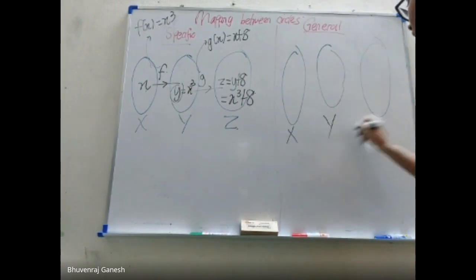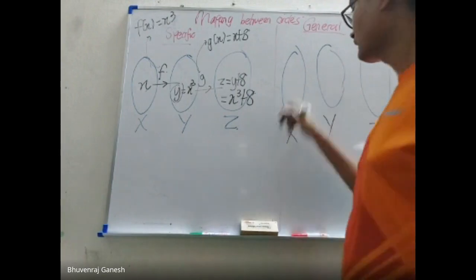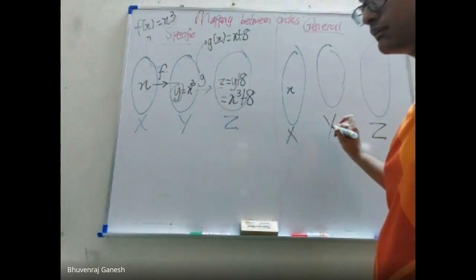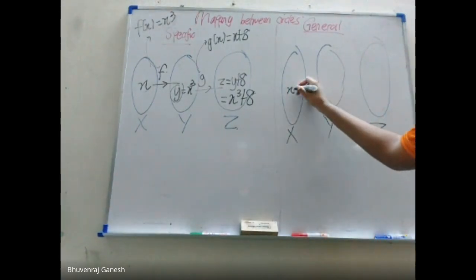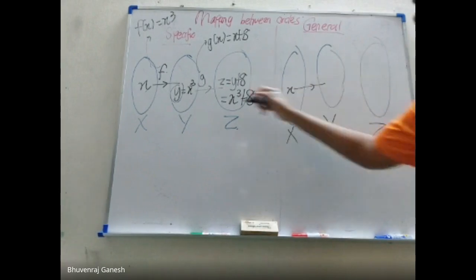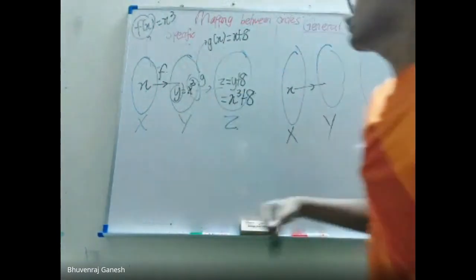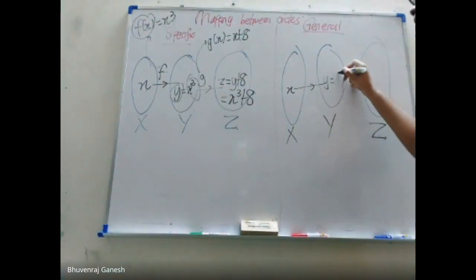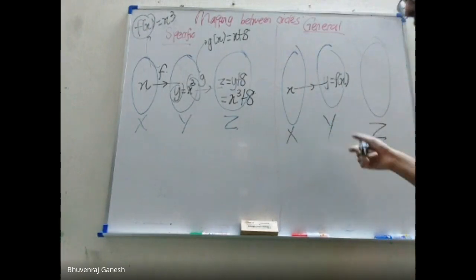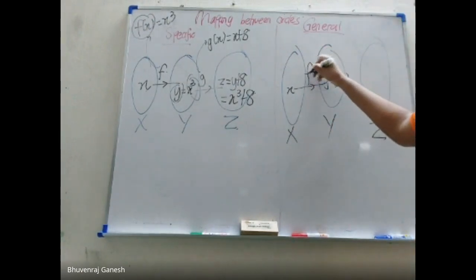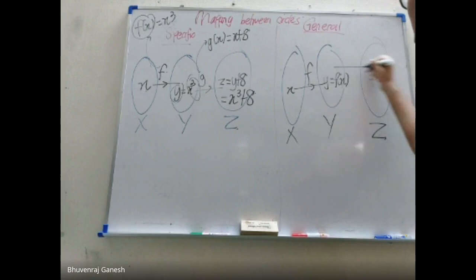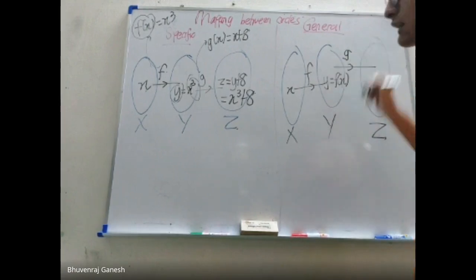X, Y, Z. So again, I'm going to use X here, but the difference comes here. Instead of writing x cubed, the relationship I made on top here, I'm going to use this instead. Y equals f(x). Because f(x) is also x cubed, so I can write this as well in terms of a general formula. This is under function f, and this one is under function g.